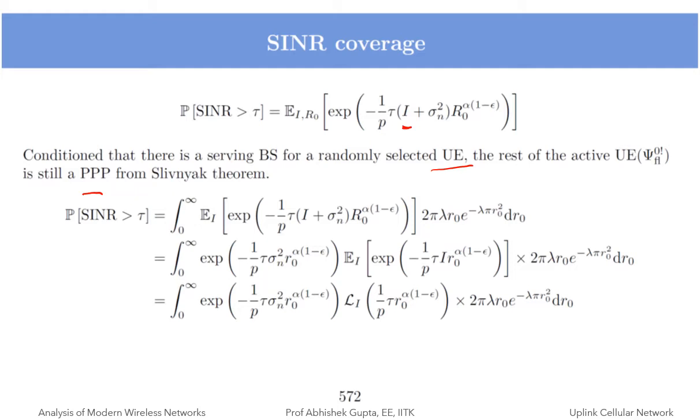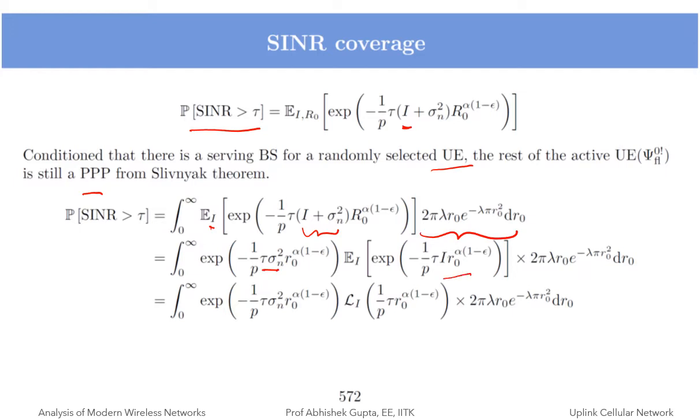So now I first decondition this probability with respect to the distribution of R0, which we have already computed. Here the only term remaining is I, so this term will have an expectation with respect to I. Now we do the same thing: we break this summation into sigma square and the I term.